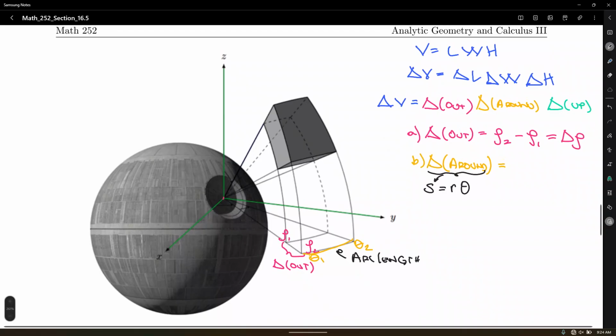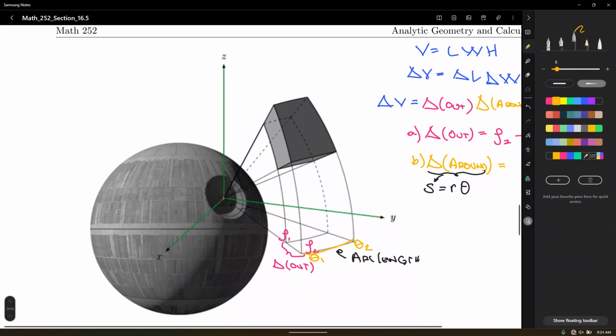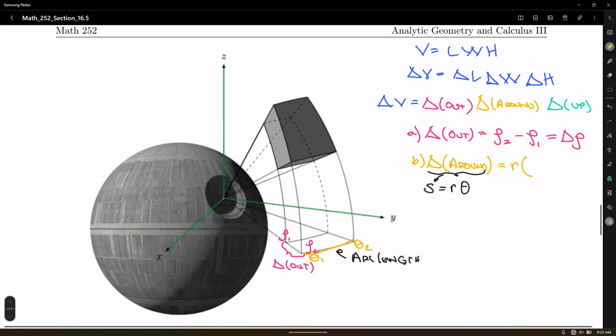So I'm just going to write r times theta 2 minus theta 1, which is the same as saying r times delta theta. That's how we use the delta symbol to describe a terminal minus initial, or a 2 minus 1. However, in our spherical coordinate system, we don't use the lowercase r. So we need to write that r in terms of rho, the radius of the sphere.